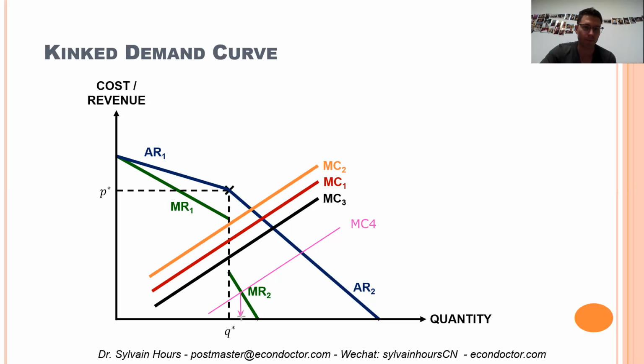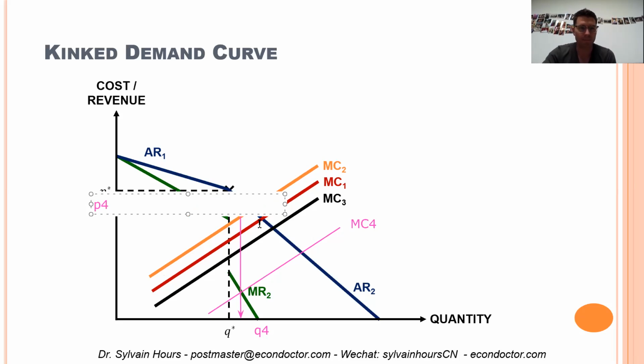MC is equal to MR. And if I want to sell this quantity, then I need to find the demand price at this quantity, and I just read the price that I should charge to sell this particular level of output. But what is interesting is that this quantity, let's call that Q4, because this is MC4. And let's call this price P4.